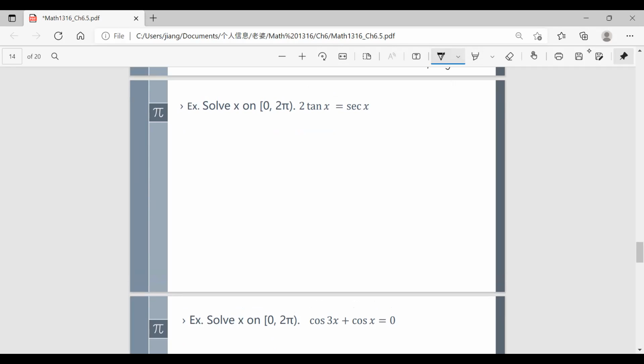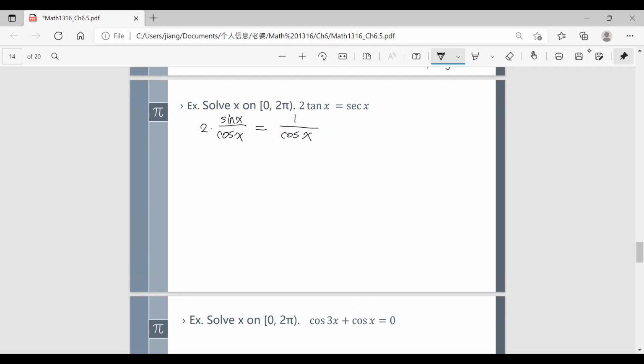So this one, we have learned tangent equals sine over cosine. So I just plug in sine x over cosine x, and secant equals 1 over cosine x.